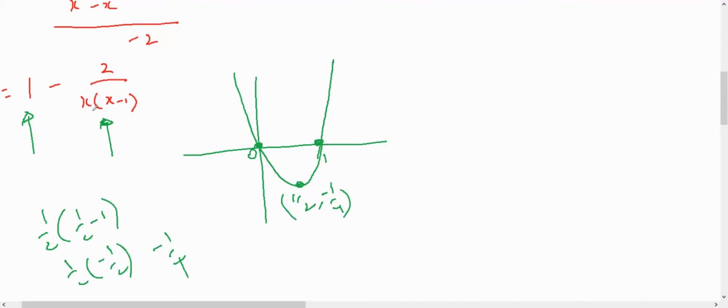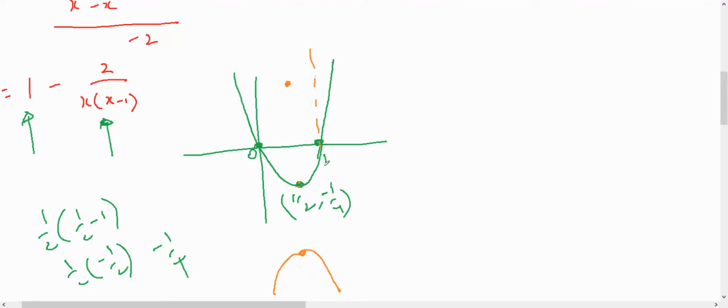So if I wish to do the reciprocal of that, sorry, the reciprocal of that's going to go down to 4, negative 4, and it's going to look like this.